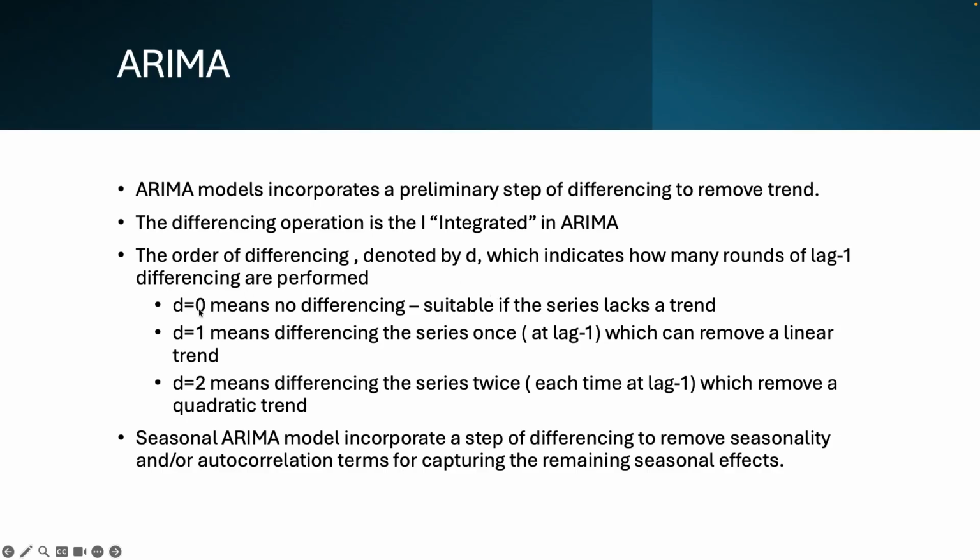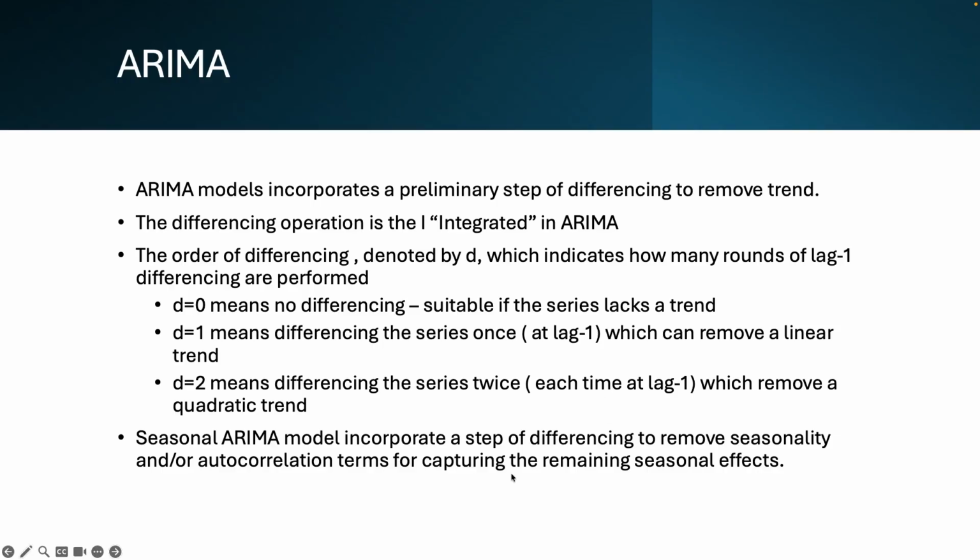If D is 0, that means we have no differencing, which is suitable if the series lacks a trend. D equals 1 means we are differencing once at lag 1, so you see a linear trend and you do differencing at lag 1. If you put D equals 2, that means differencing the series twice, every time at lag 1. That removes the quadratic trend and so on.